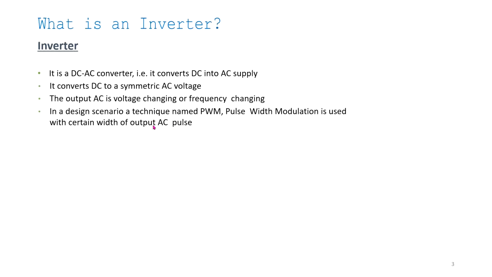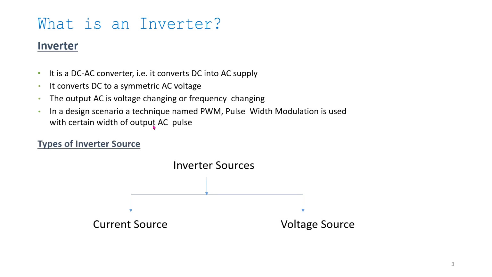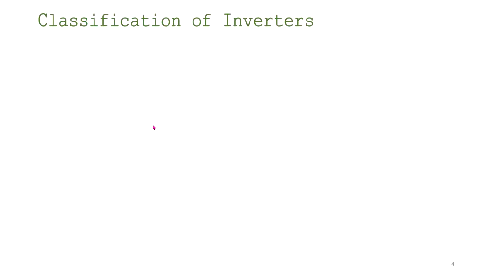Let's take a little review. We already know that it's a DC to AC conversion, and there are several techniques and types, that is current source and voltage source. Applications, you already know the applications, that is UPS, high voltage transmission lines, and adjustable speed drives.